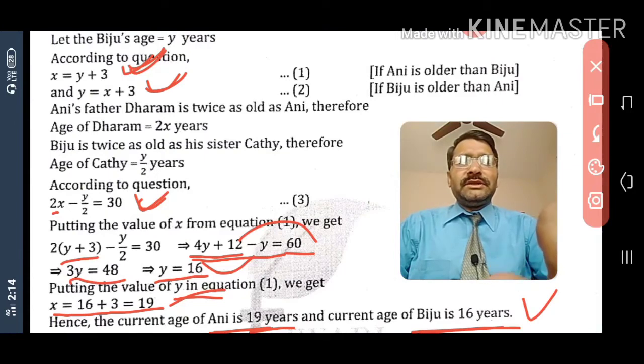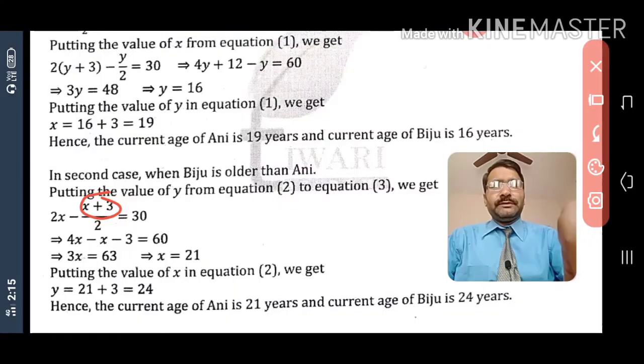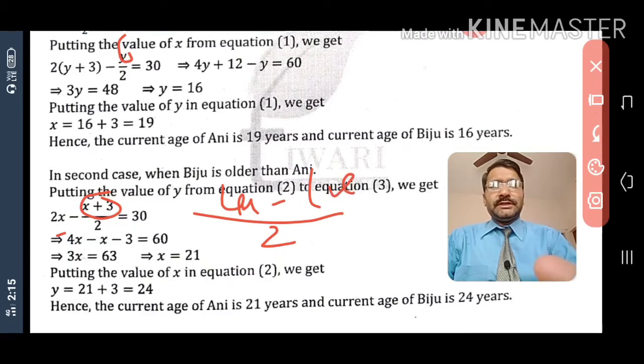Now equation 3 and the second equation we will take and solve. Means in equation number 3 we will put the value of y. In place of y we put x plus 3. Now take the LCM, which will be 2, and then here it will be 4x minus bracket x plus 3 equal to 30, and you solve that.